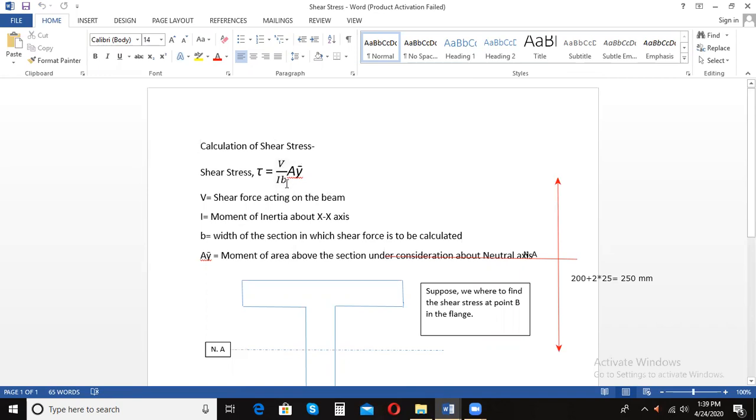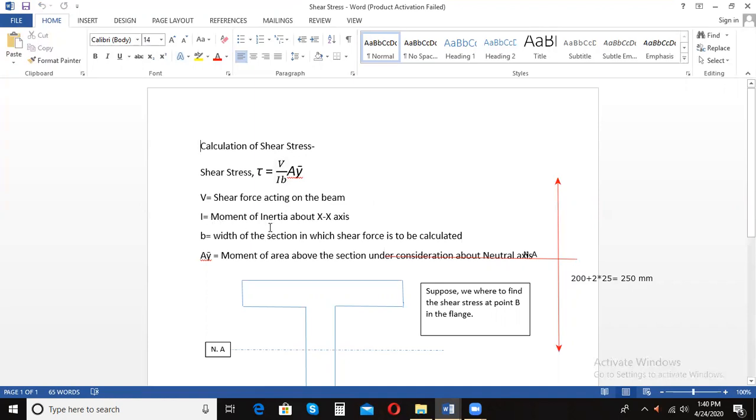Tau is the symbol for shear stress, and it is equal to V by I B into A Y bar. What is V? V is nothing but the applied shear force, the shear force that is acting on the beam.